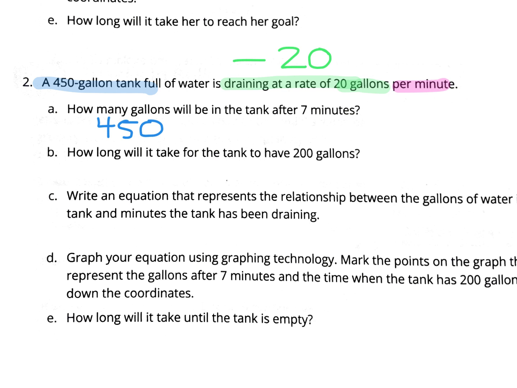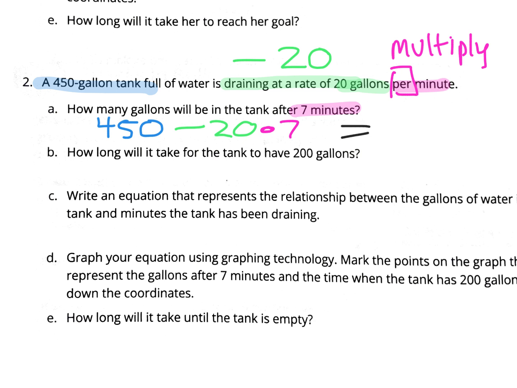Remember, per is another way to say multiply. So I'm going to take that 450, I'm going to take away 20, and I'm going to multiply it by 7. And if I do that, I should get 310.